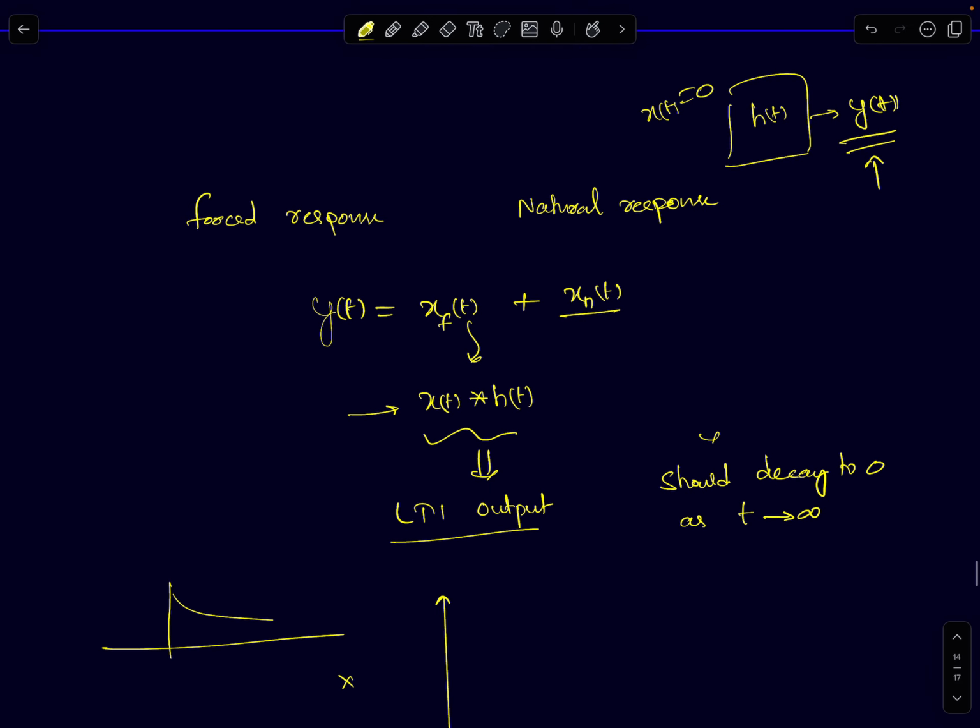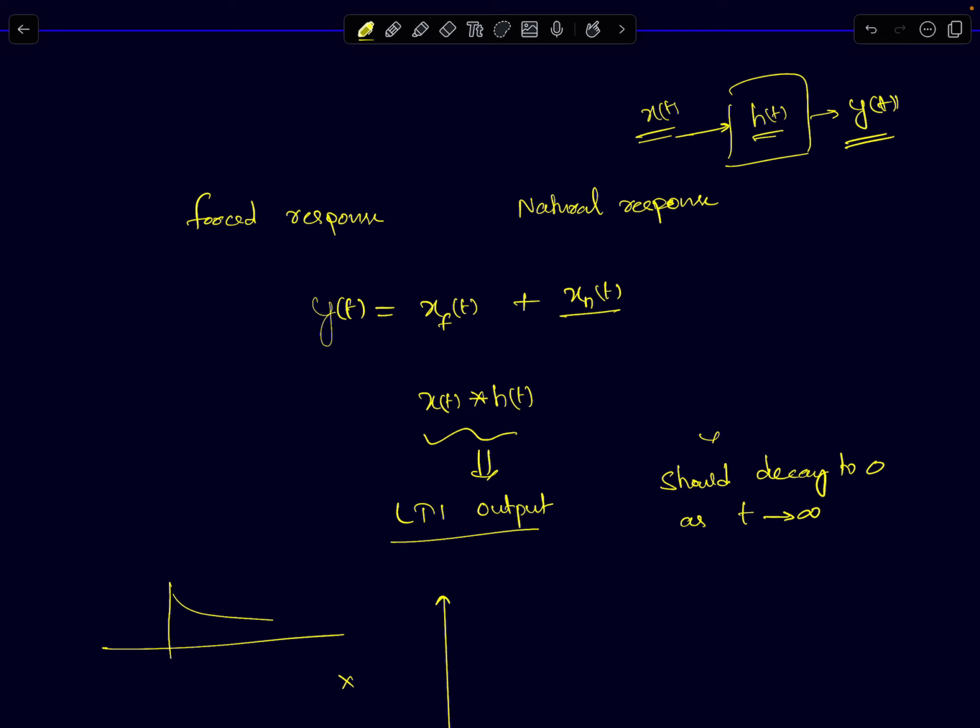To do that, first I'll go back and revise the basics of LTI systems. If I have an LTI system, a linear and time invariant system, with an input x of t and an impulse response h of t, the output y of t will have two components. Whenever you feed an input and want to find the output, it can have two components.